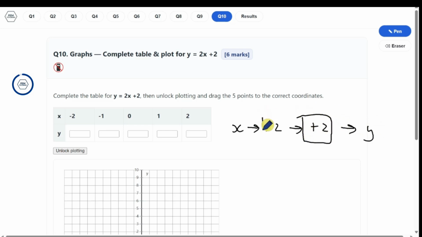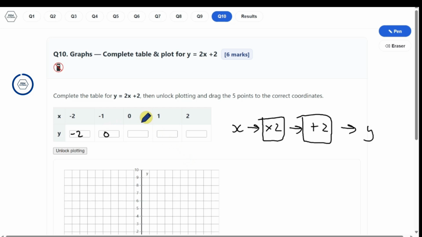If we put our first value for x into here, so negative 2, we get negative 2 times 2 is negative 4. Negative 4 plus 2 is going to be negative 2. Okay, so negative 1 goes in for x, so 2 times negative 1 is negative 2. Negative 2 plus 2 is going to be 0.